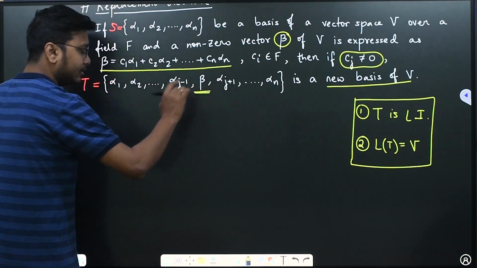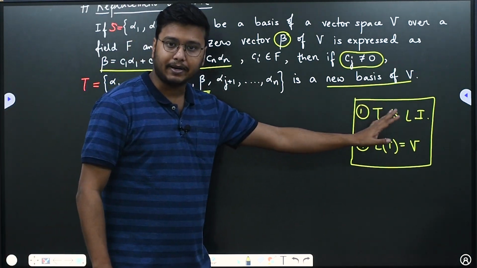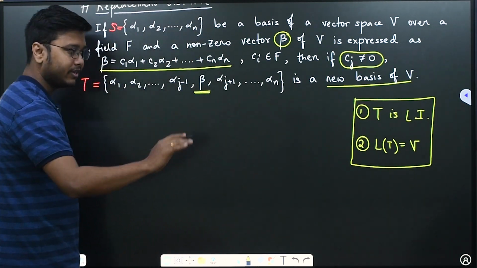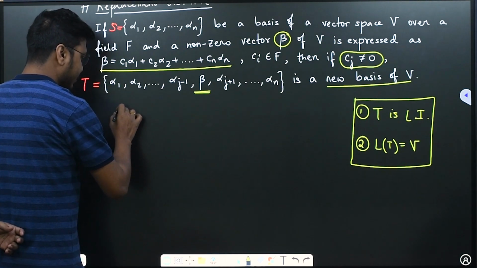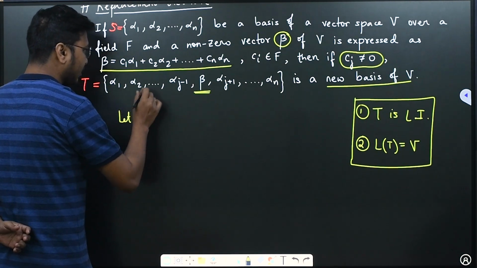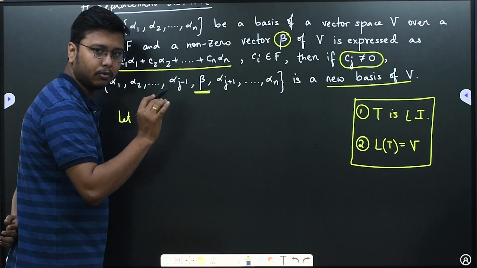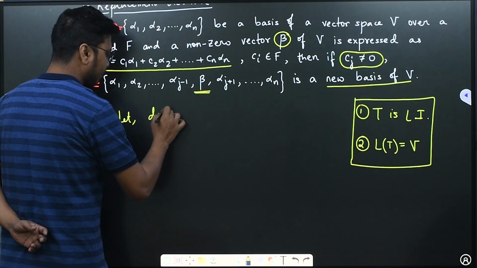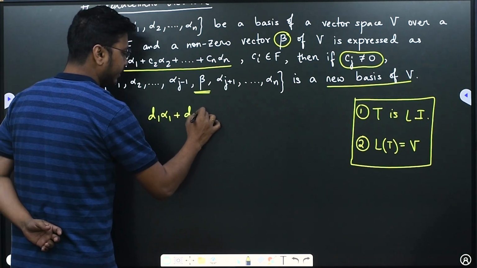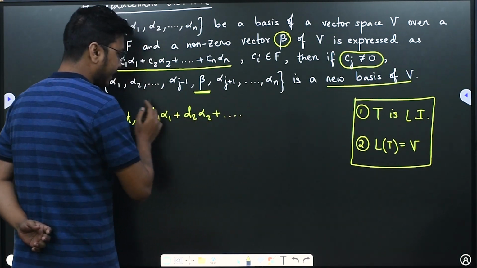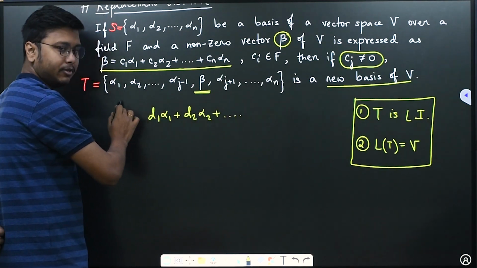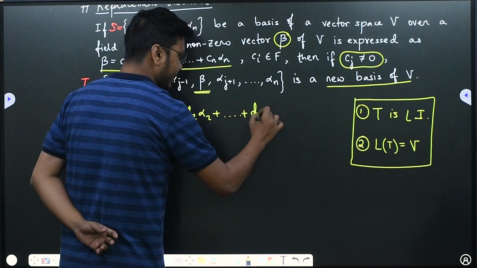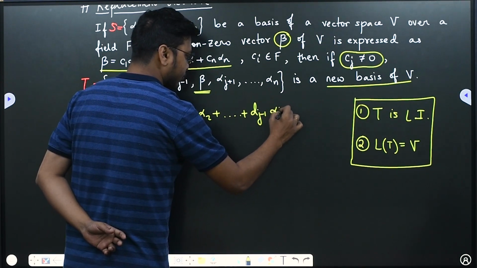So first let me start with the linearly independent part. For linear independence, I am going to use the definition. The C's are already used, so I'm going to use some other constants. Let's say D1 alpha 1 plus D2 alpha 2, taking the linear combination of all the elements of T, and so on until Dj minus 1 alpha j minus 1.